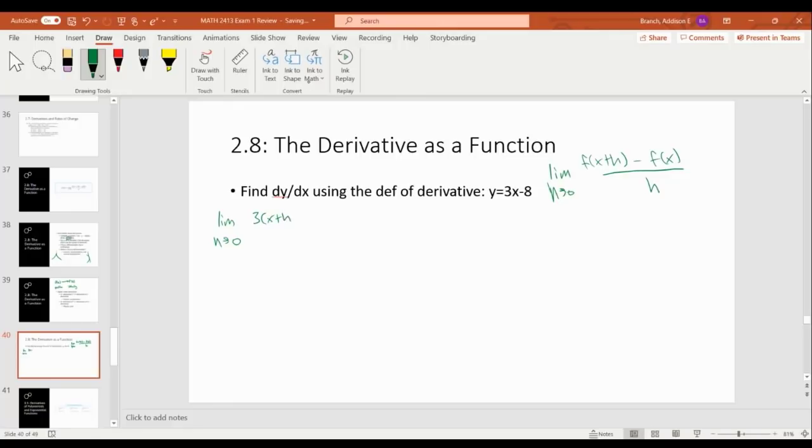3 times x plus h. So everywhere we'll see an x, we'll plug in x plus h, minus 3x minus 8, all over h.